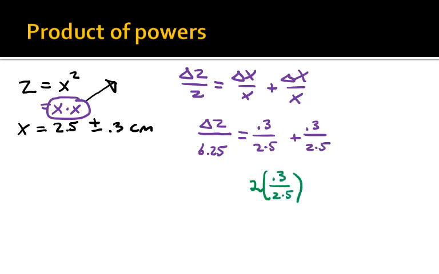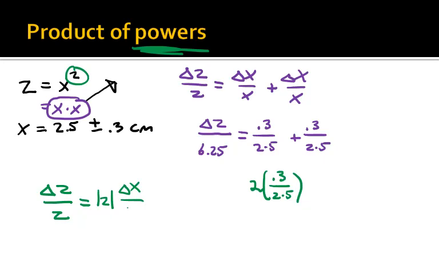So the rule with powers is you have the uncertainty in z over z is equal to how many powers you have. In this case we have 2, but you could have more than that. And then you have the uncertainty of x over x. So let's change this to the integer n, whatever the exponent is.